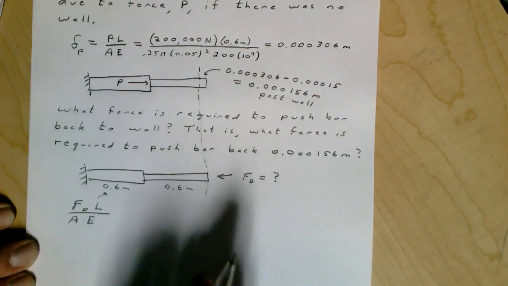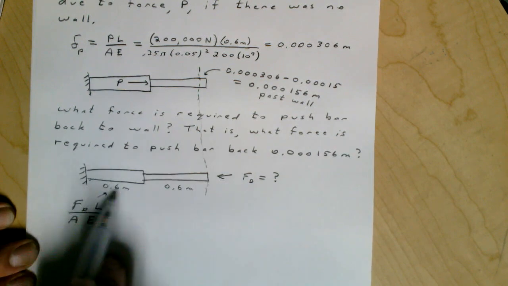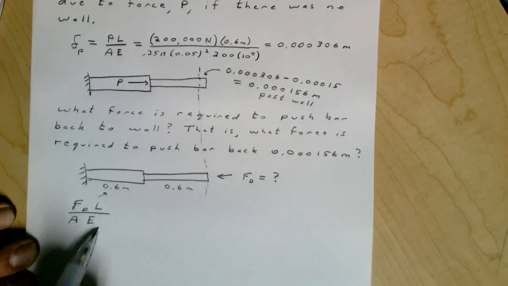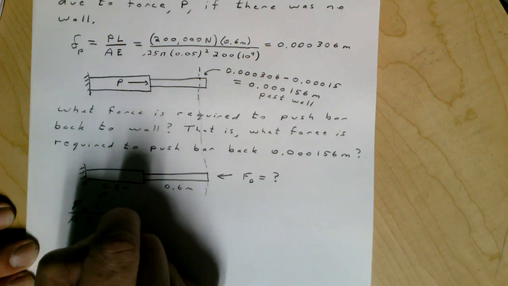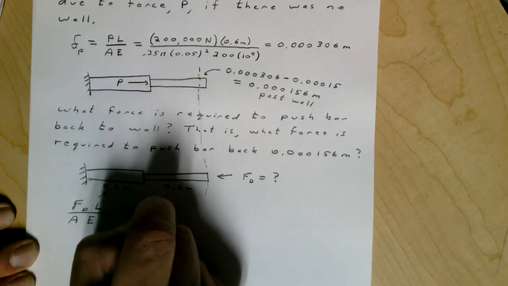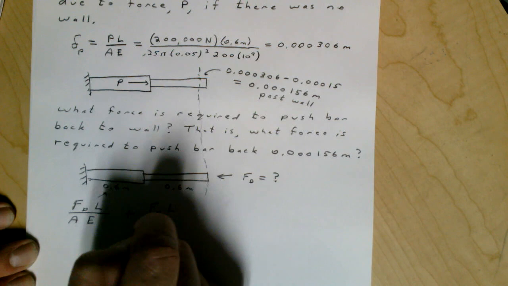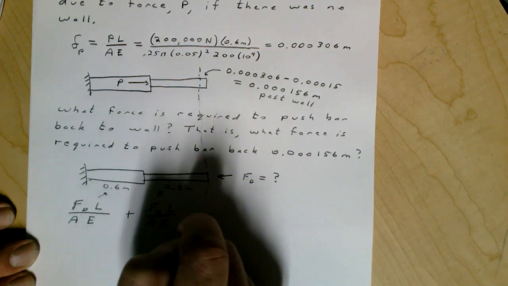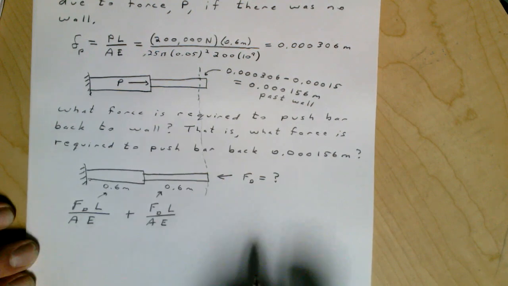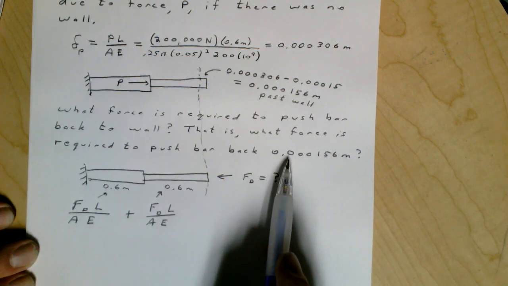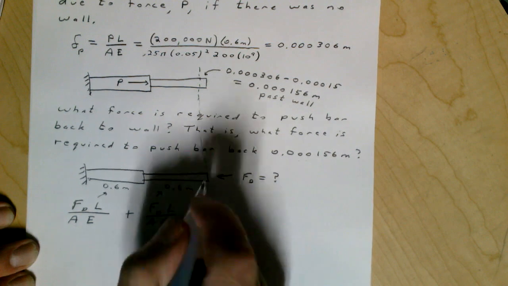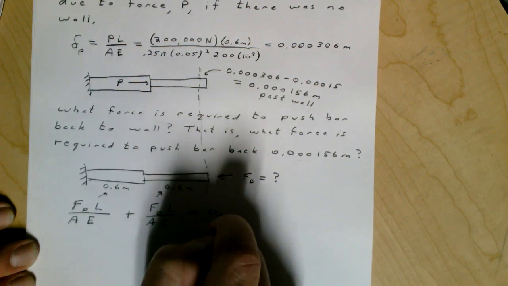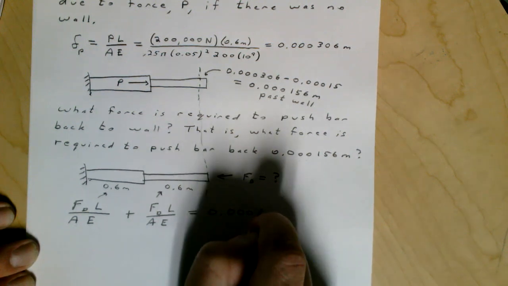So the total deformation is going to be FL/AE applied to this section plus FL/AE applied to this section. And we want that total to be this 0.00156.